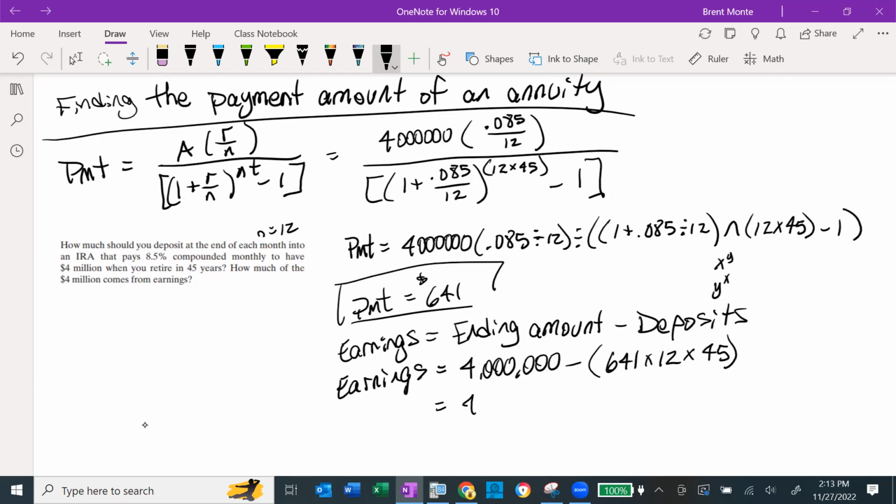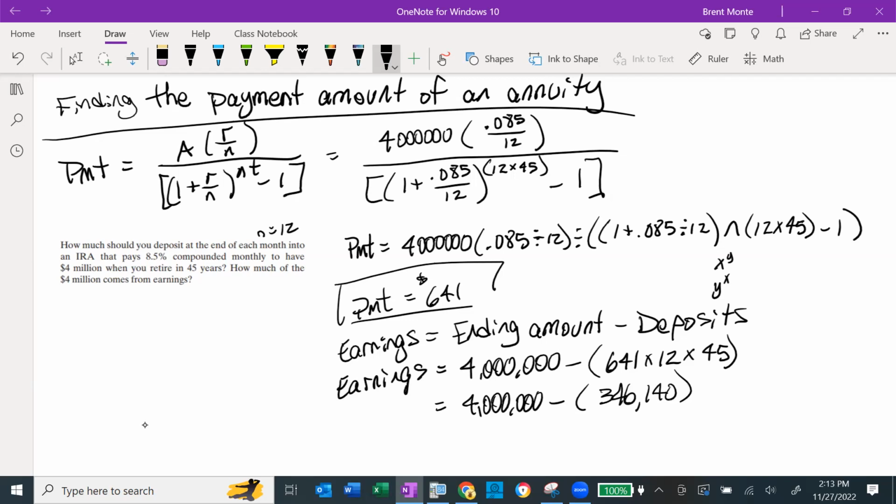So we get 4 million minus, if I put this into my calculator, 641 times 12 times 45, I get $346,140. I was doing a double take because it doesn't seem like very much money.